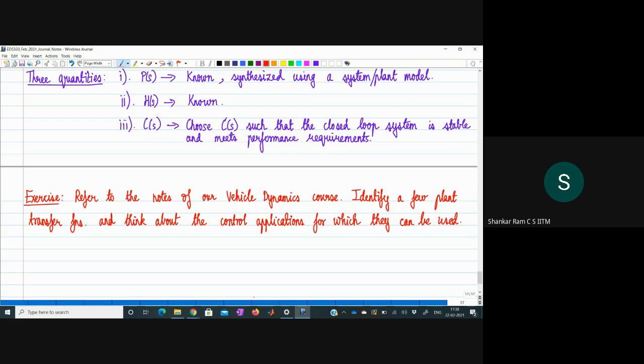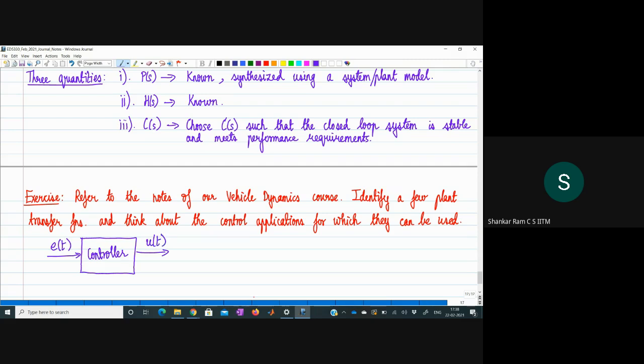Now the overall problem, as we just discussed, is that we are going to look at this controller block. If you look at the controller as a standalone block in the overall scheme of things, please recall that the controller will take in the error from the summing junction and will give the plant input as the output.